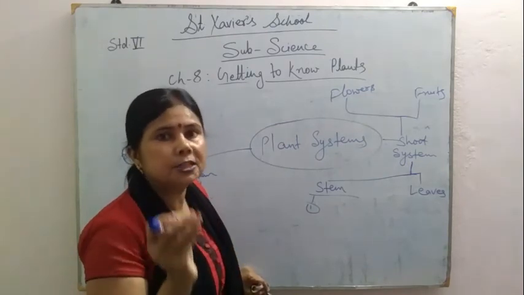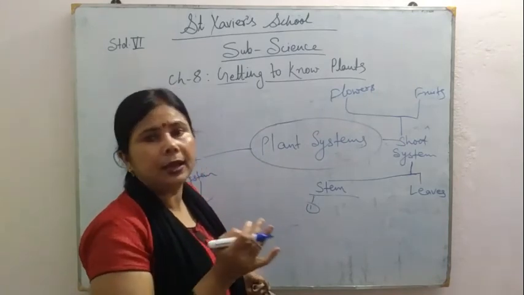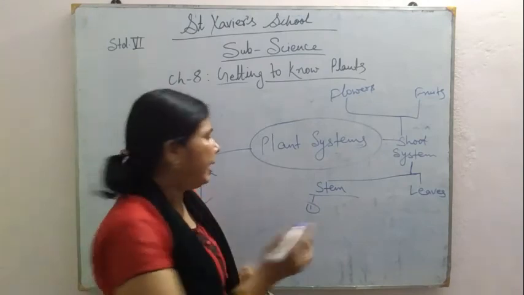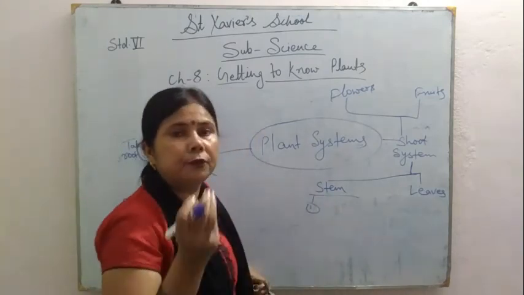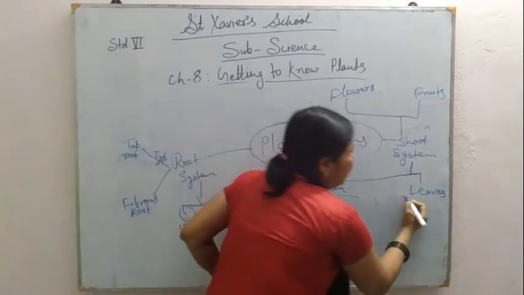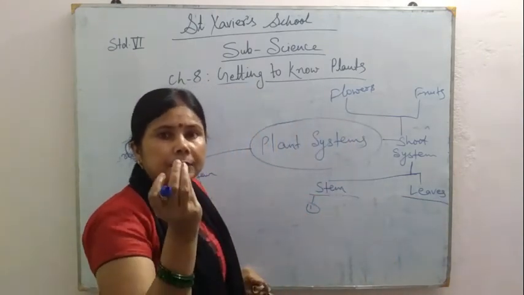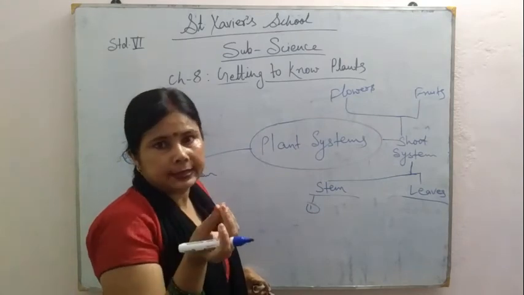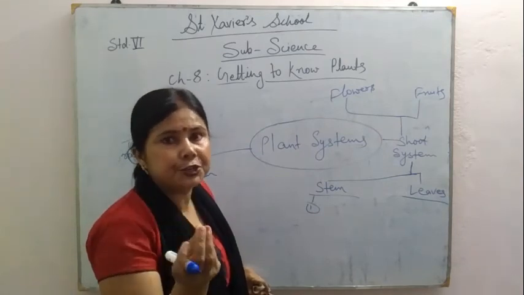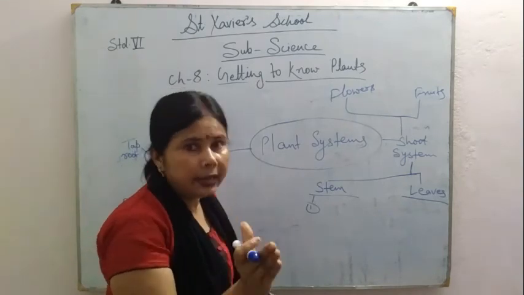And third, it transports water, minerals and food to the different parts of the plant. And they are modified to perform some extra functions. Okay. Now leaves. What are the functions of leaves? Leaves perform photosynthesis and transpiration, and photosynthesis takes place inside the leaves.